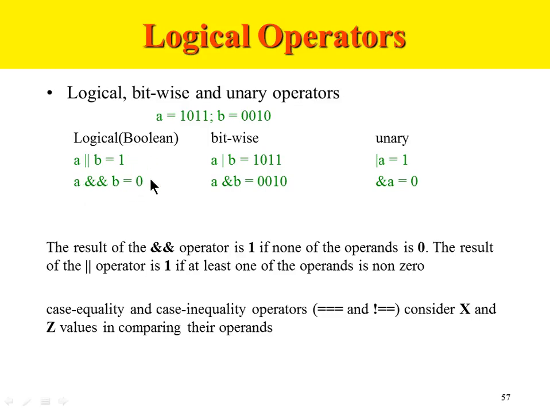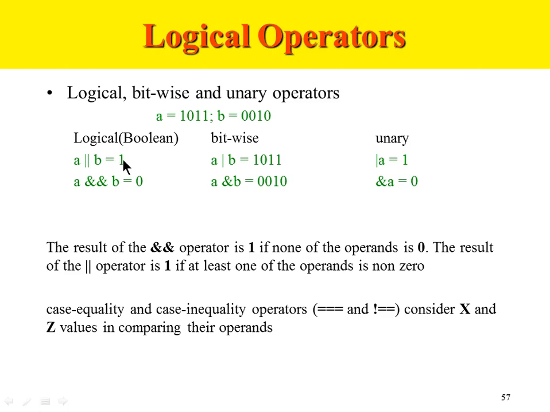This is a Boolean result, so it will either be 0 or 1. So the result of the and operator is 1 if none of the operands is 0. What are the operands? A and B. If both are non-zero, the output will be 1 for the logical and operation. The result of the logical or operation is 1 if at least one of the operands is non-zero.